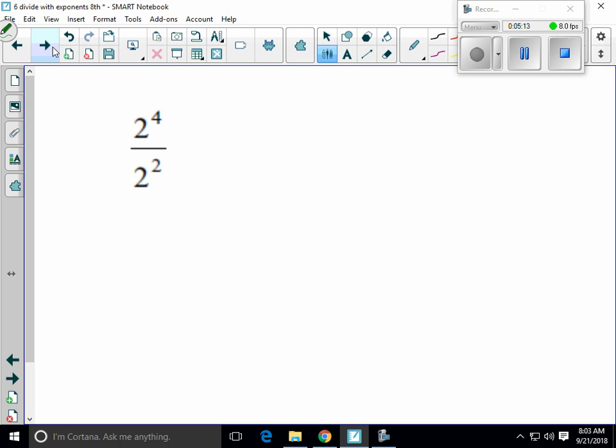Now some of these you can write out because the exponents aren't so large, but we want to start using the rule in case you have really large exponents. Here, I have the same bases. I'm dividing, so I can subtract my exponents. Do I have more 2's in the numerator or denominator? Well, I have 2 times itself 4 times in the numerator, so I have 4 2's in the numerator.